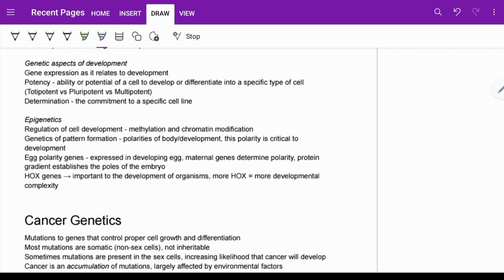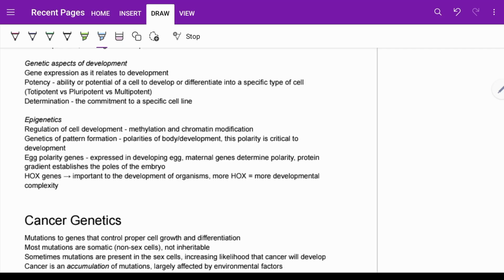We also have the genetics of pattern formation. Basically, as the body develops, we have different polarities, so we know which end is our feet and which is our head. From an egg all the way to an embryo to a full-fledged organism, you have to know which side of the egg becomes the head and which the tail.